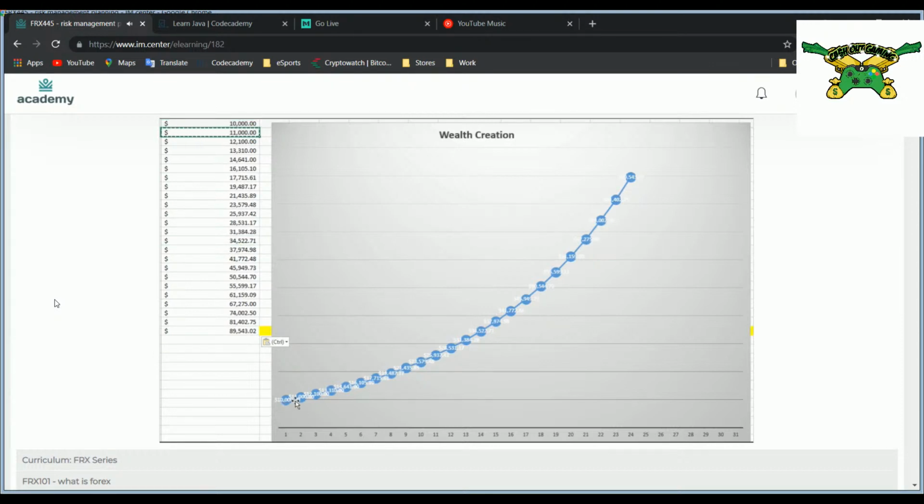You can see how the power of compounding starts to kick in, and in just 2 years, you have yourself nearly $100,000, $90,000, just by growing it a little bit at a time. This could be weeks, months, or years. It's all dependent on the person and how much they leverage.